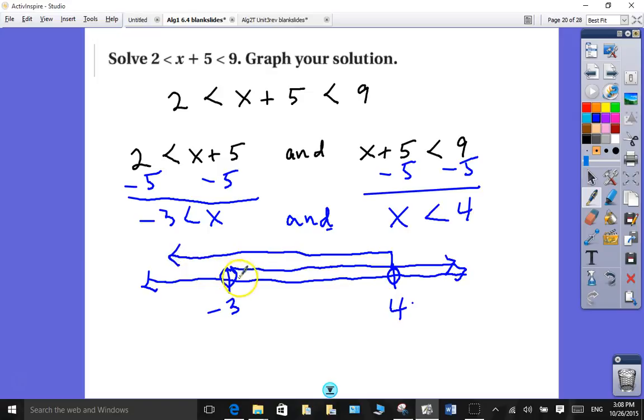And then I've got to say, well, since this is a compound and, I need to shade in between negative 3 and 4. So, if it's me, even if I've done it with two different inequalities at that point, I'm going to say negative 3 is less than x is less than 4, which is just describing what is in front of me.